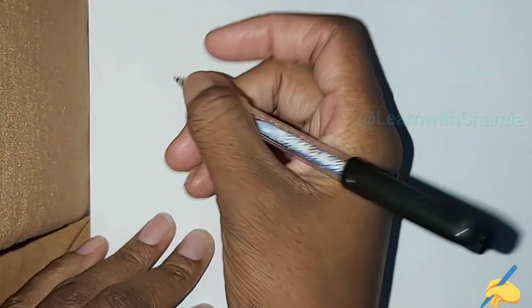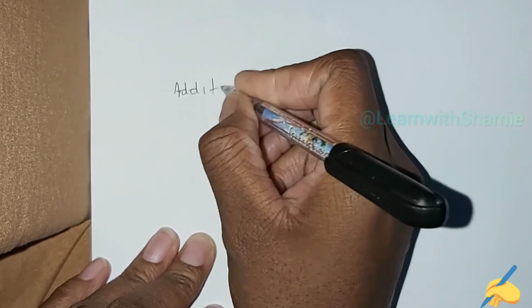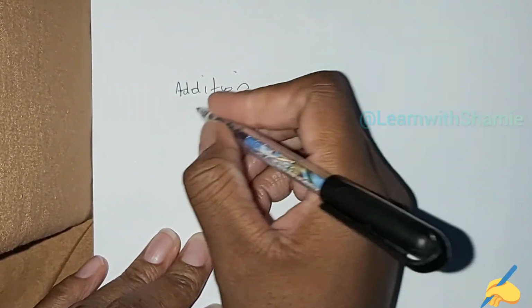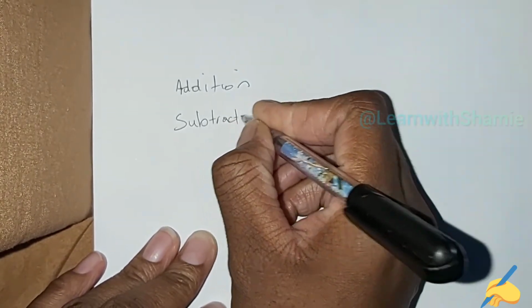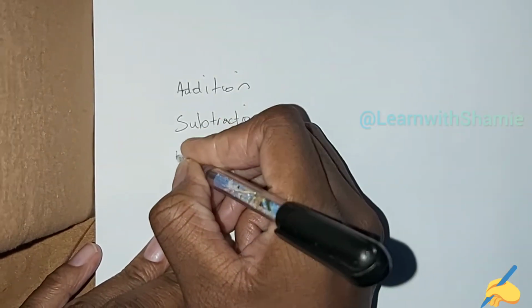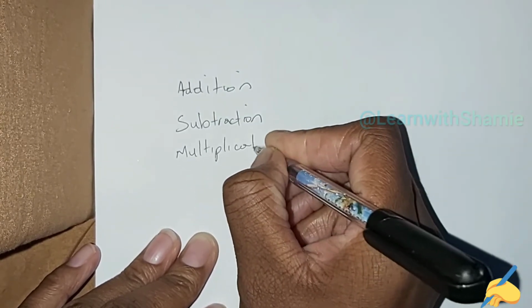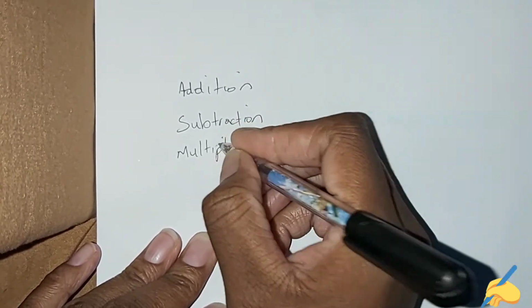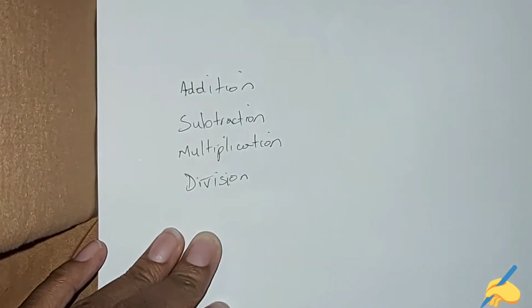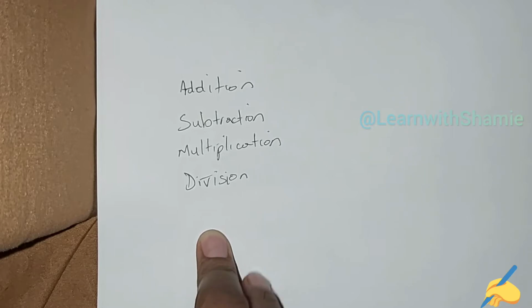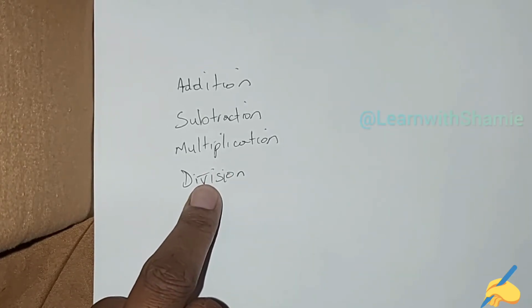These operations are addition, subtraction, multiplication, and division. So these are the four basic math operations.